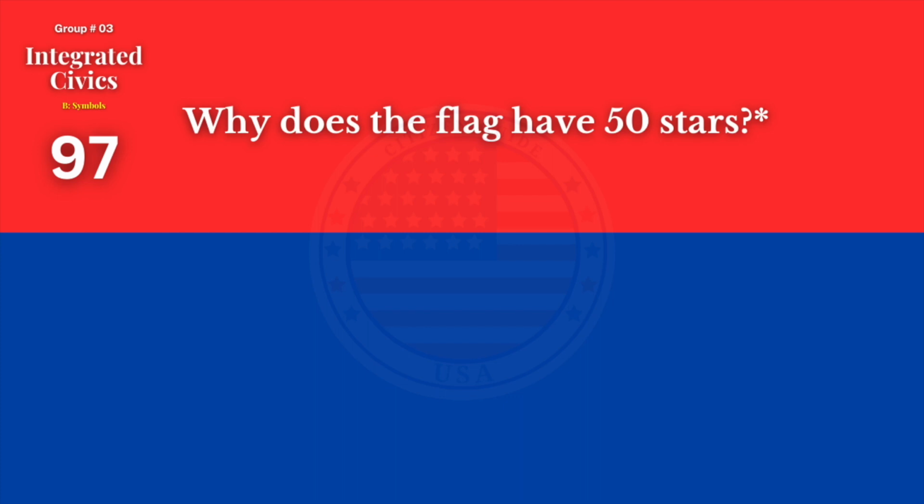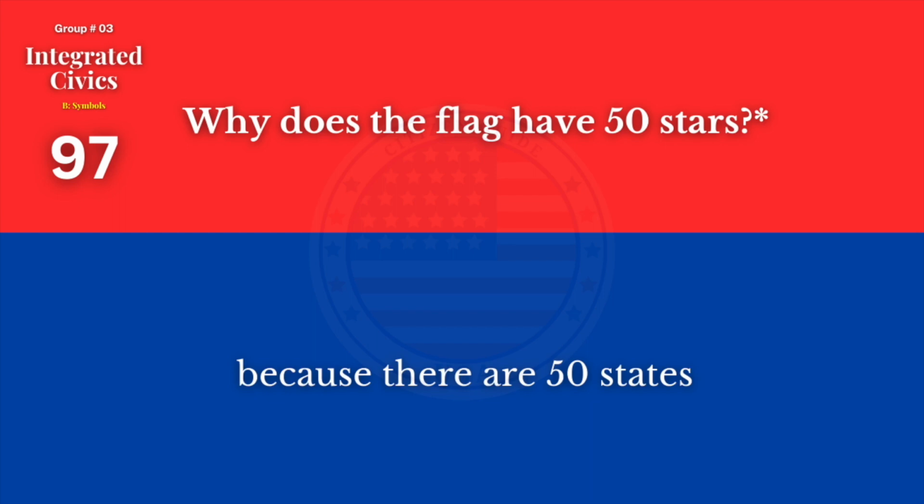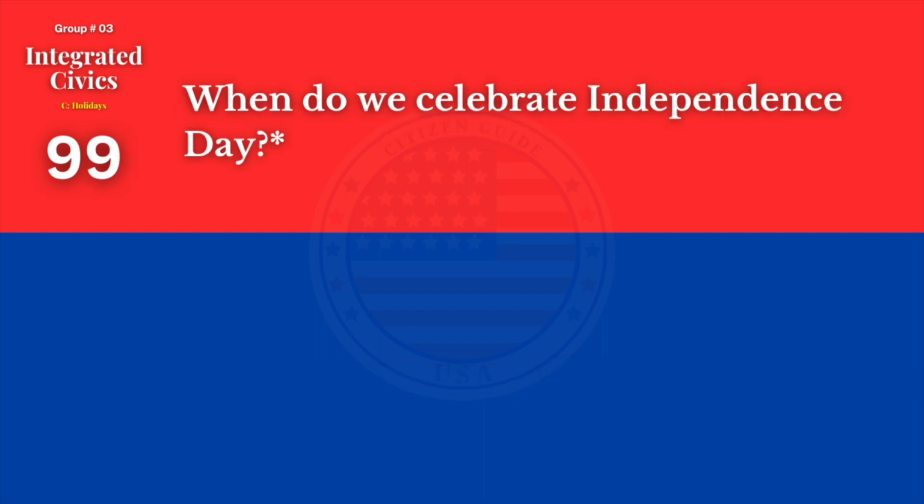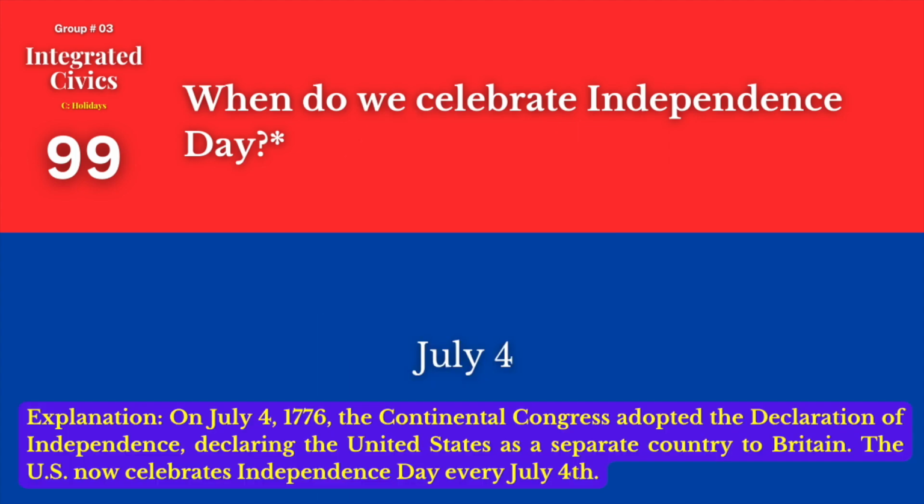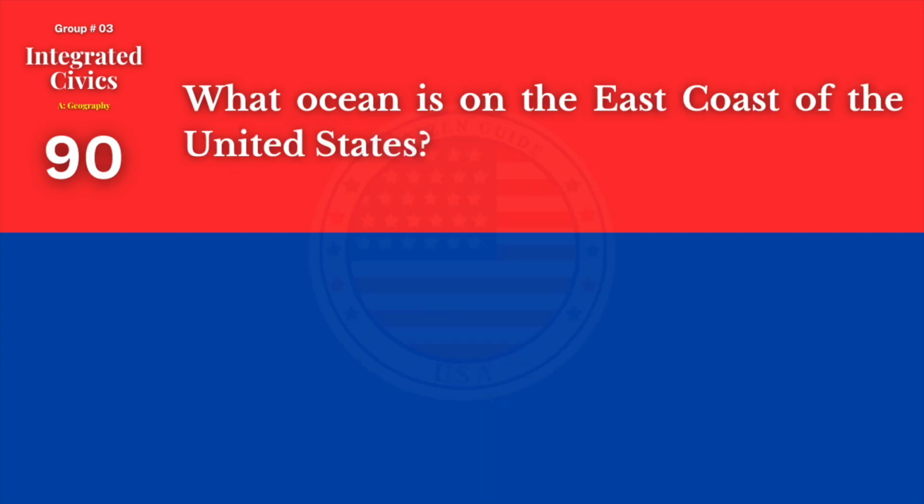Why does the flag have 50 stars? Because there are 50 states. When do we celebrate Independence Day? July 4th. What ocean is on the east coast of the United States?